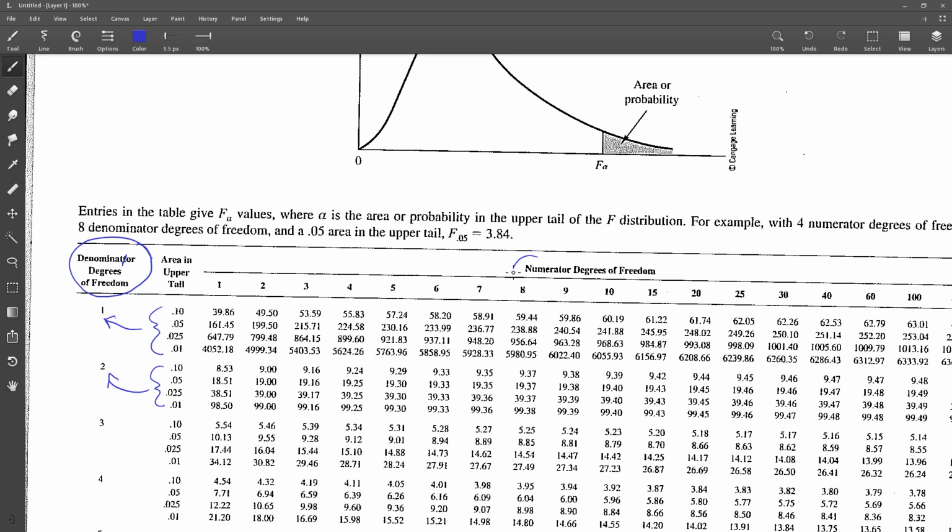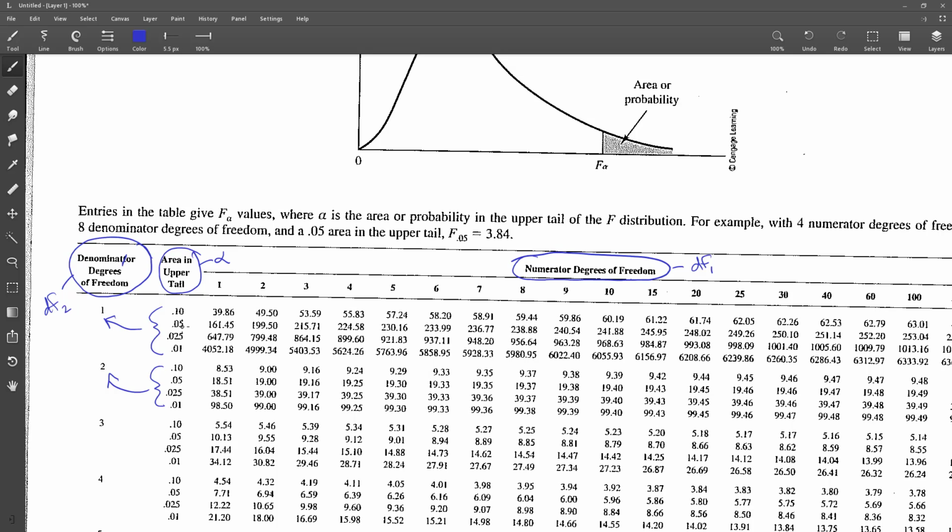Across the top, we have numerator degrees of freedom. So numerator degrees of freedom are df1. Denominator degrees of freedom are df2. Within each set of 4 rows, looking in the second column, we see area in the upper tail, and that is going to be alpha. So what you're going to do is go into whichever row is for your alpha.